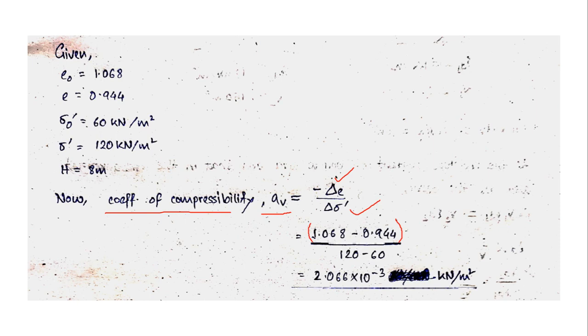If you are considering the minus sign, simply put the minus sign over here, and you need to write 0.944 minus 1.068. That means if you are using the minus sign, you need to use the first approach. If you do not want to use the minus sign, do not put it over here; that becomes the second approach. In that case, this would have been correct.